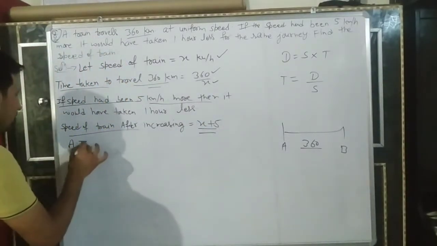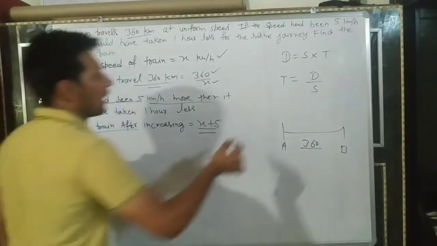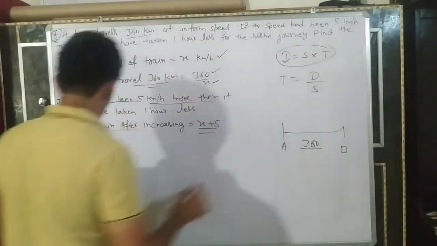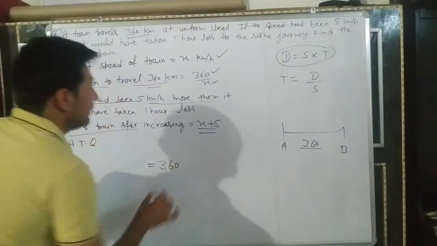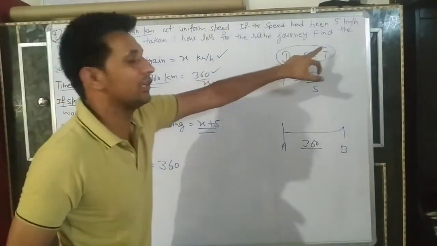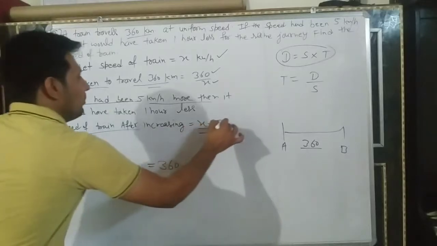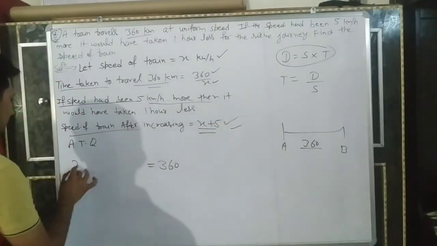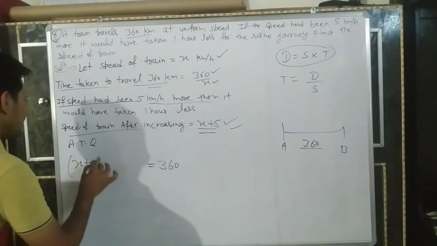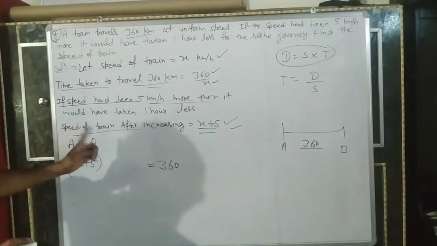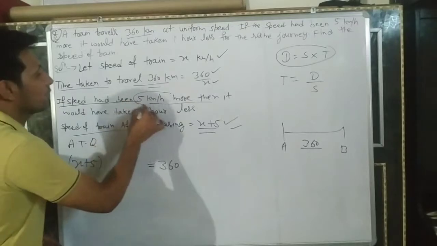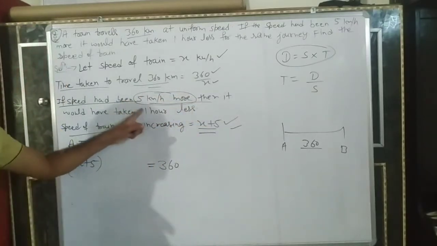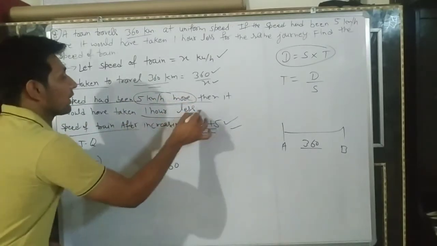So now, according to the question, everyone knows this formula: distance equals speed into time. Distance is 360, so 360 equals speed into time. Speed is x plus 5. When the speed of the train is 5 km more, it will take 1 hour less.